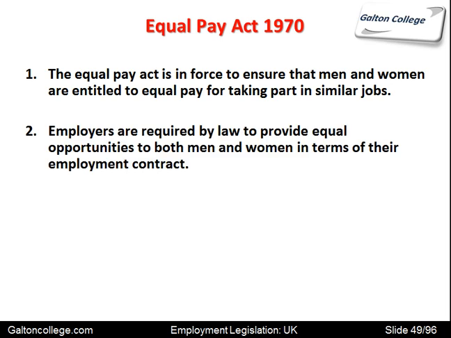Employers are required by law to provide equal opportunities to both men and women in terms of their employment contract. So the same opportunities should go to men and women. And if they're doing exactly the same job, they should get equal pay, if they're equally efficient and apply themselves equally.